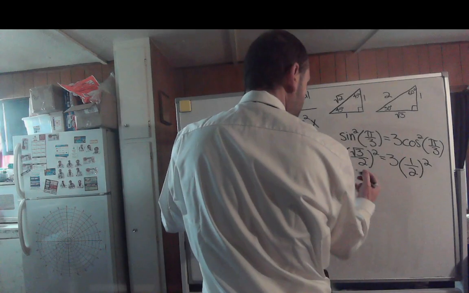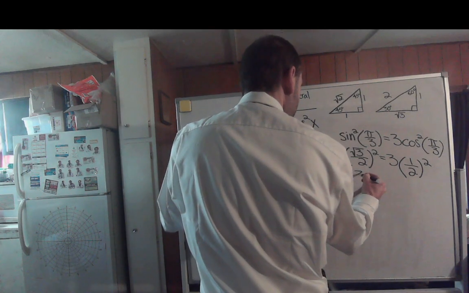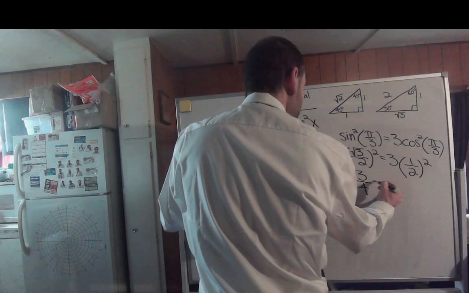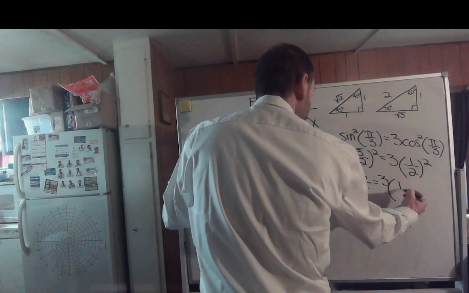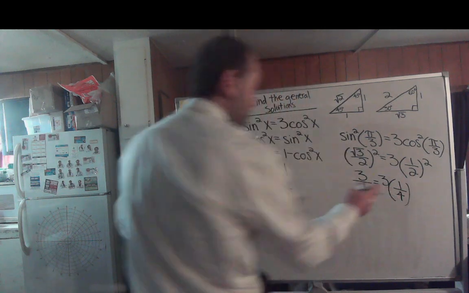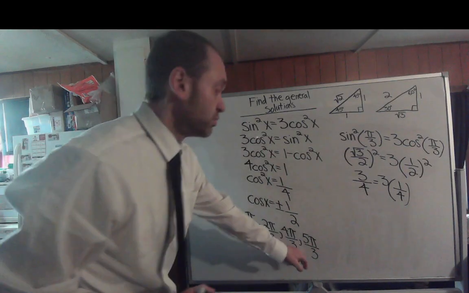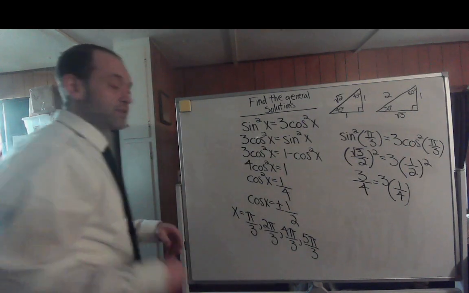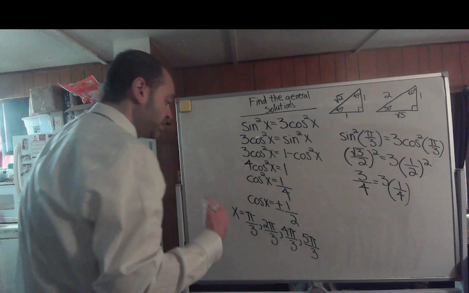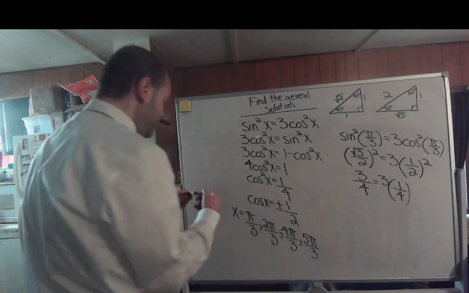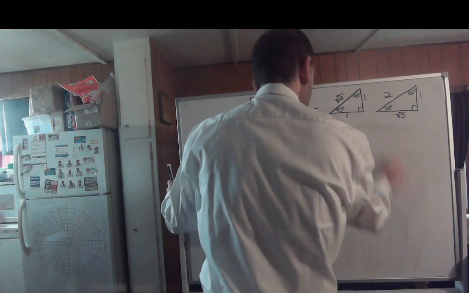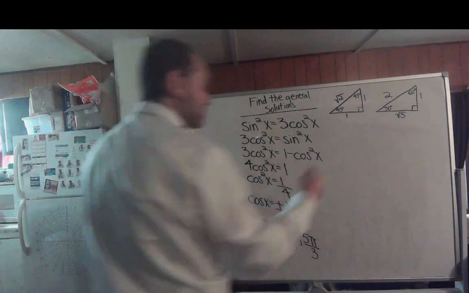Square this side, you would end up getting 3/4 is equal to 3 times 1/4, which we know is true. 3/4 equals 3/4. In fact, all of these multiples would work because whether it's positive or negative, you're squaring it, which will turn it positive. So all these actually hold up in this case. Now, yes, it's true the period of both sine and cosine is 2 pi.